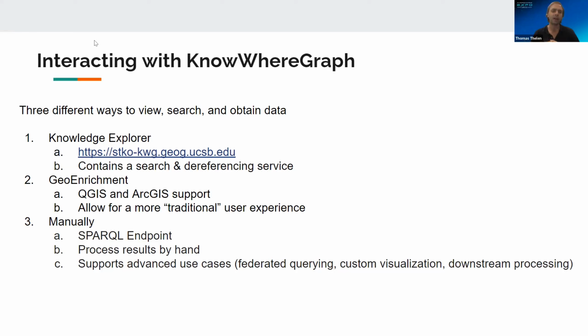And third, you can always query the SPARQL endpoint using any language of your choice. You can process these results, and this is for more advanced use cases, such as federated querying, custom visualizations, or integrating with your processing workflow.